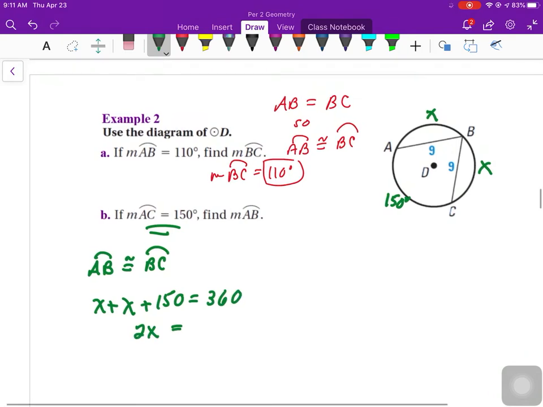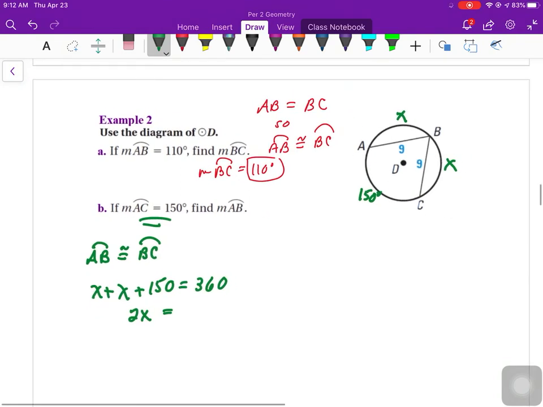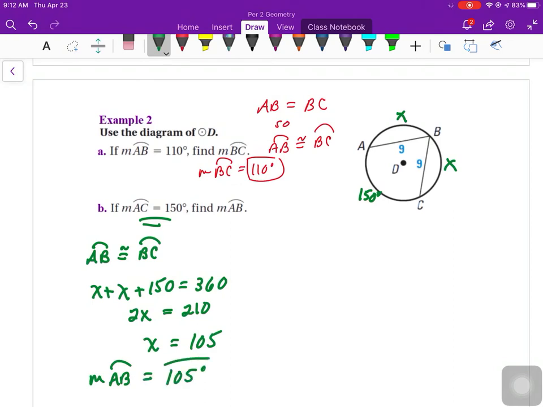So 2x has to add up to 210. So x would be 105. The measure of arc AB then would be 105 degrees. Each one of those arcs is half of the remaining part of the circle if you took the 150 away.